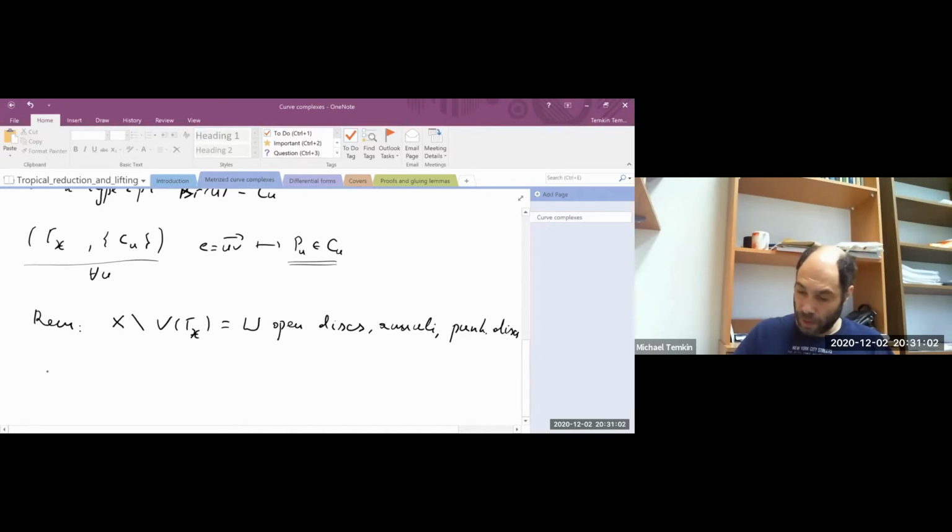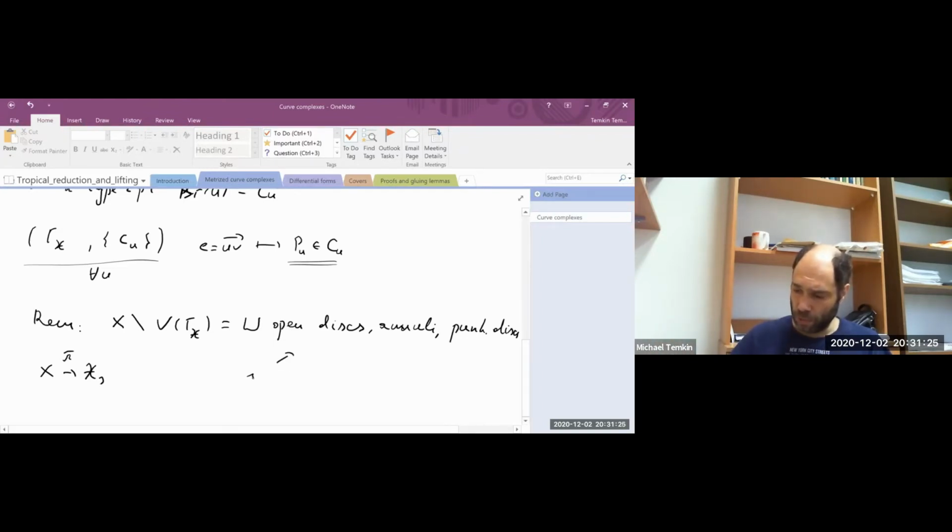Now, in fact, I have a reduction or specialization map from X to X_s. The pre-images of generic points are just a single point of type 2. So I denote them by U here and there. The rest are pre-images of closed points.